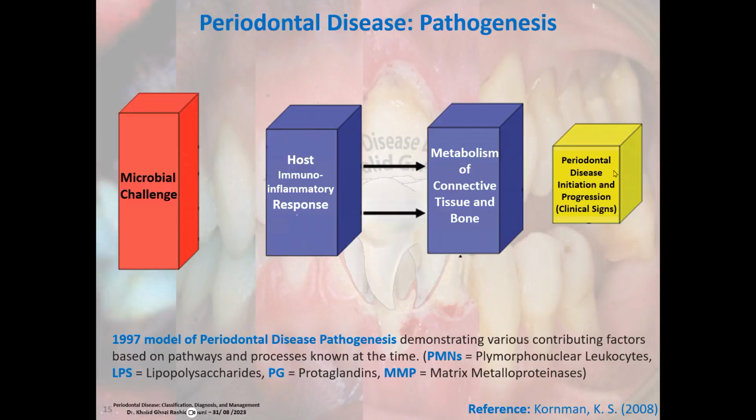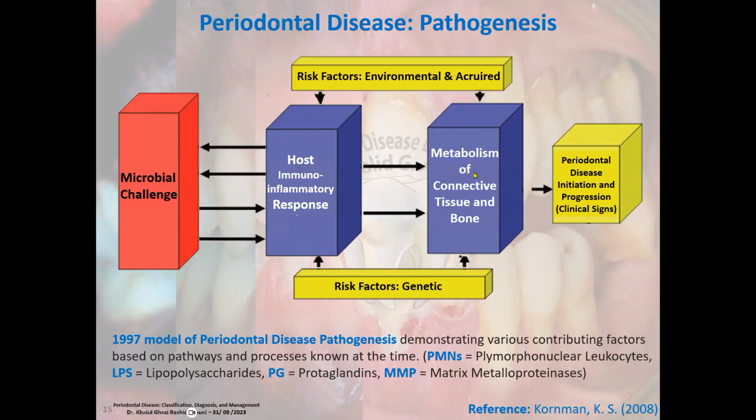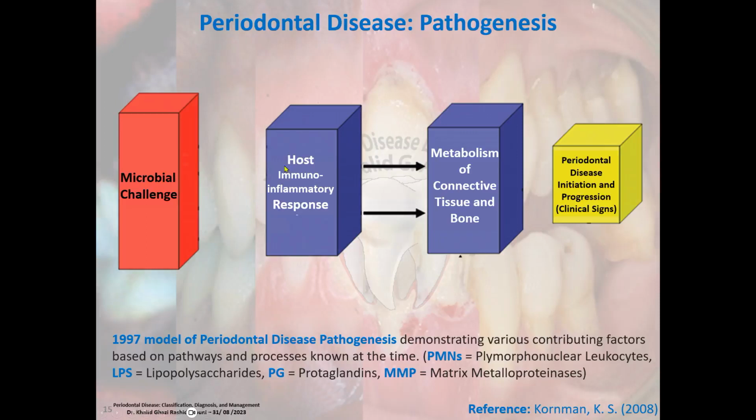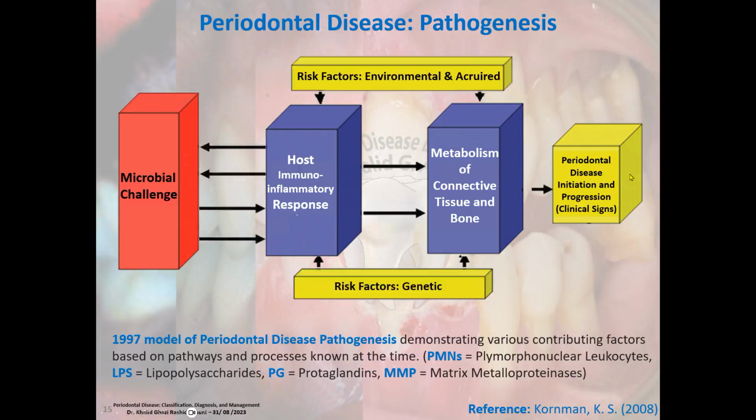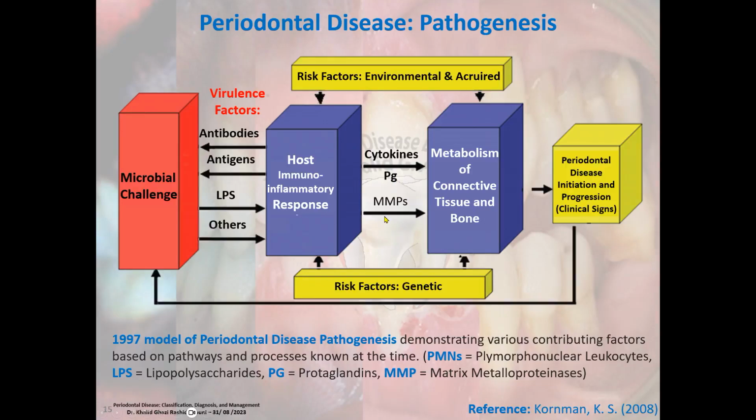And now, the model for periodontal disease pathogenesis in 1997: the metabolism of connective tissue and bone, and the host inflammatory response. There is an interaction between them. In periodontal disease, initiation and progression are affected by microbial challenge and the presence of risk factors, including genetic, environmental and acquired factors, like, for example, antibodies and antigens, lipopolysaccharides of gram-negative bacteria, and other factors: cytokines, inflammatory mediators, prostaglandins, matrix metalloproteinase.